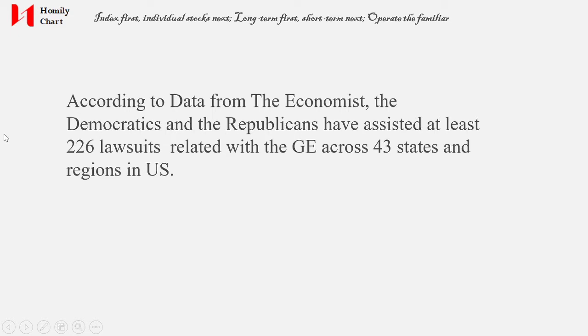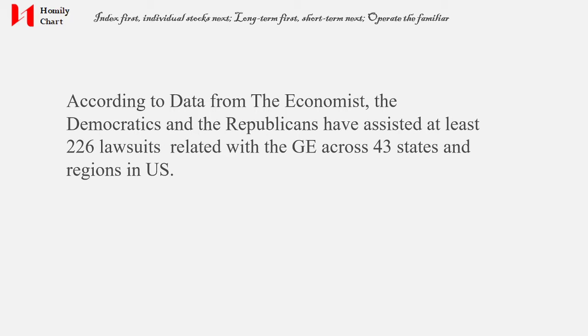According to data from the Economist, the Democrats and the Republicans have initiated at least 226 lawsuits related to the general election across 43 states and regions in the U.S. So why is that?